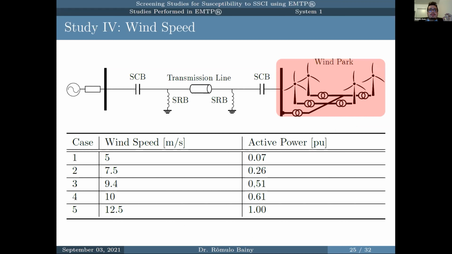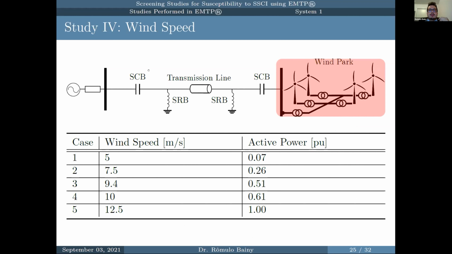Okay, let's move on to our study number 4 about the wind speed. In all the other studies that I showed you before, we were studying variation, so it's basically a parametric analysis of our grid.